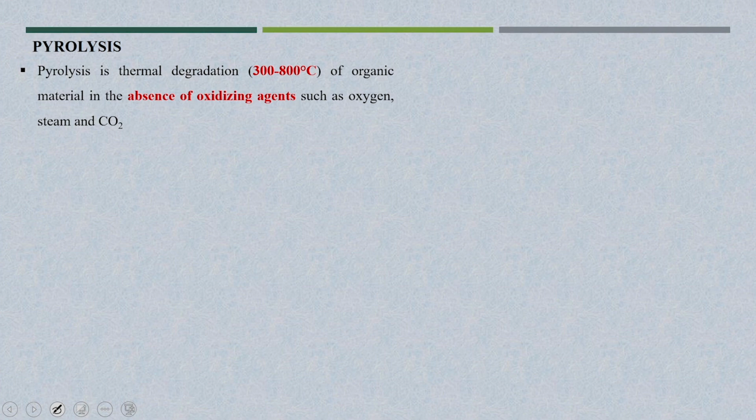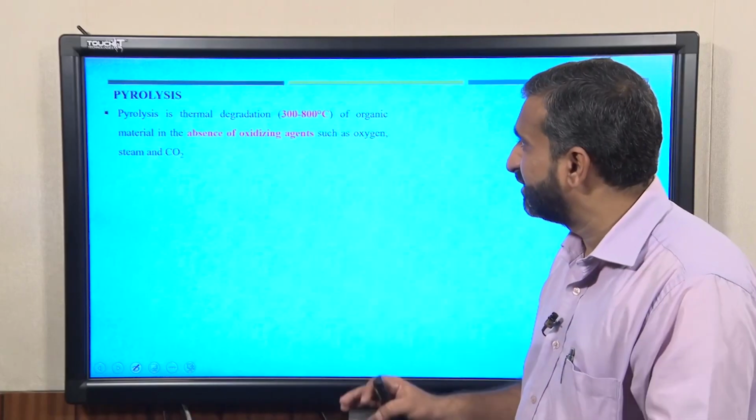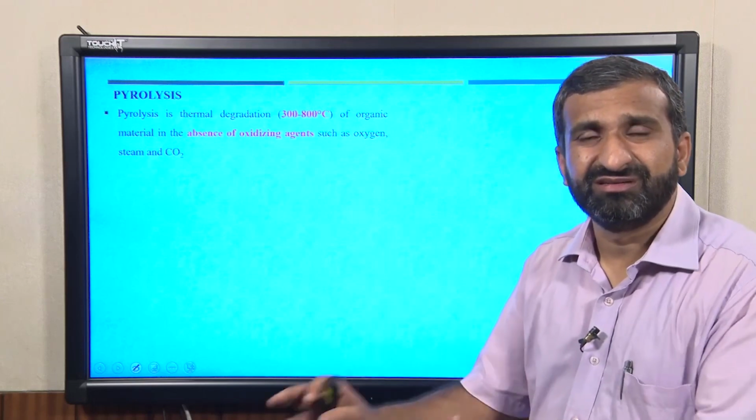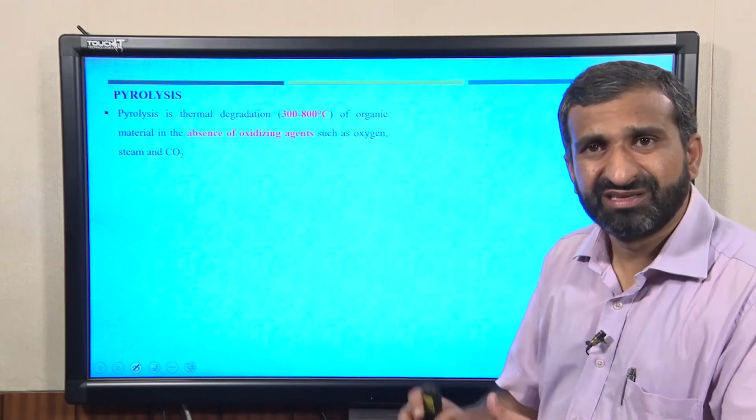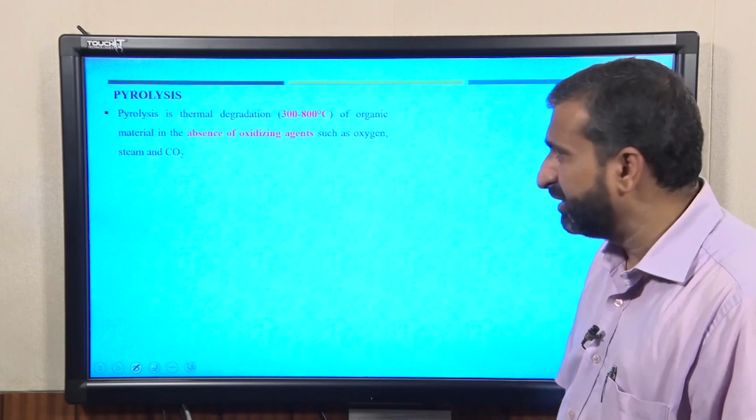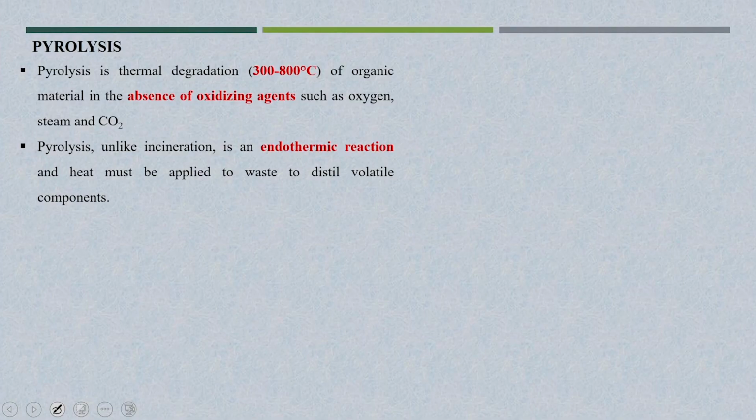For incineration you need a lot of air for the combustion process, but here thermal degradation is possible without oxygen. And pyrolysis, unlike incineration, is an endothermic reaction, meaning a lot of energy is required to run such a plant.